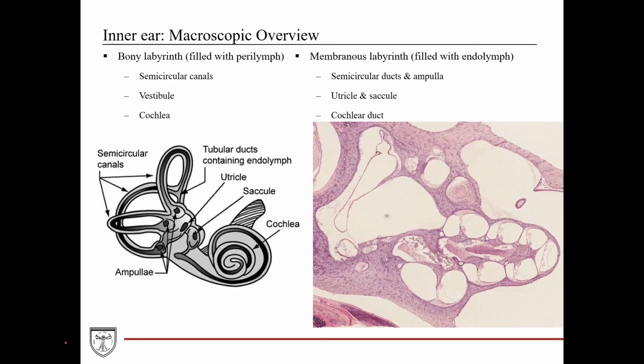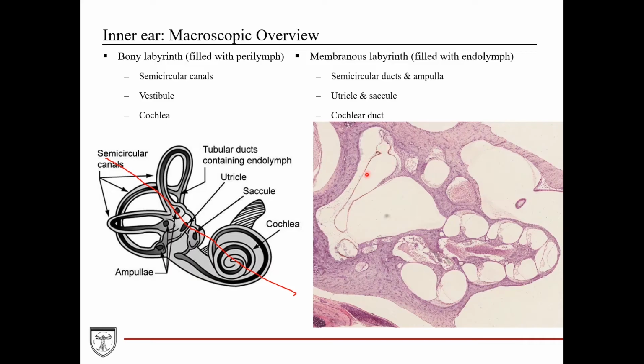And here's the actual histology of the inner ear. And although it's not exact, I think approximately this is the plane of section through this complex three-dimensional structure. We have to play a little bit of mental gymnastics to figure this out, but based on our histological knowledge, we can see the bony labyrinth forming this bony outer casing of the inner ear.